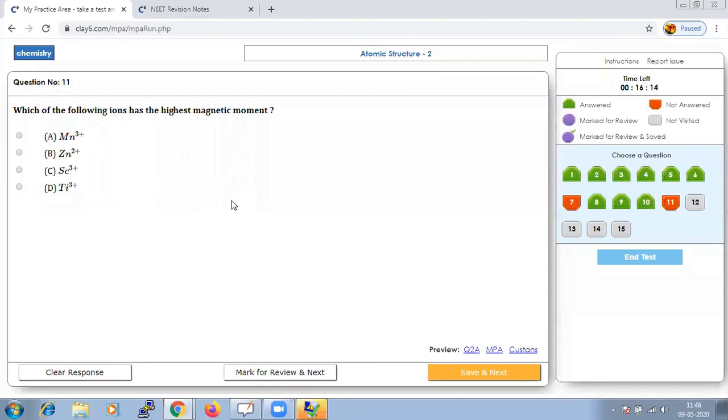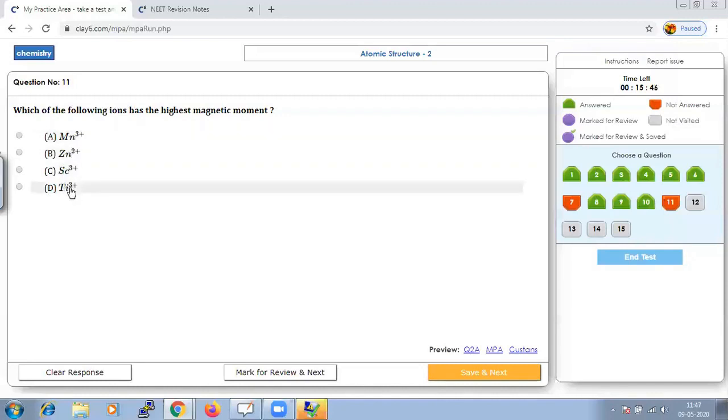There is a direct relationship between them. So from the given options you should find out the number of unpaired electrons present in each option, and whichever has more unpaired electrons will have the highest magnetic moment.